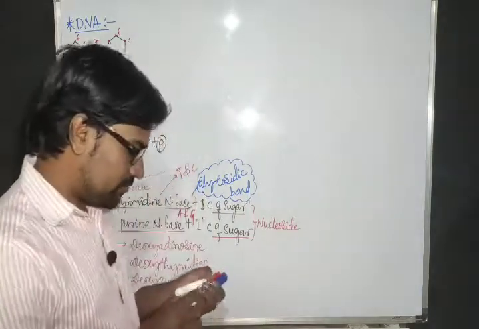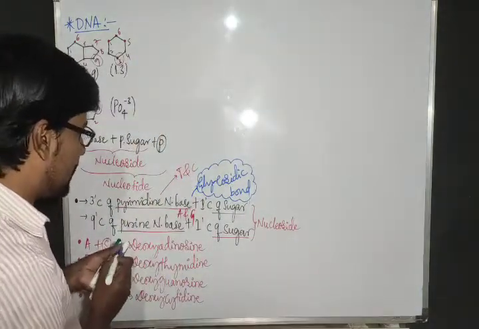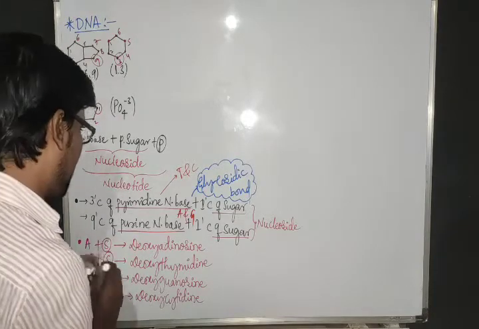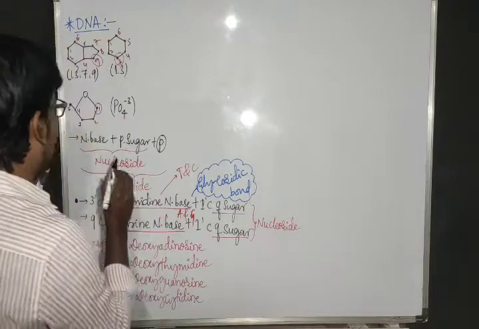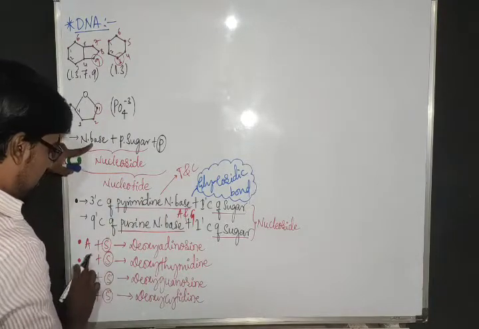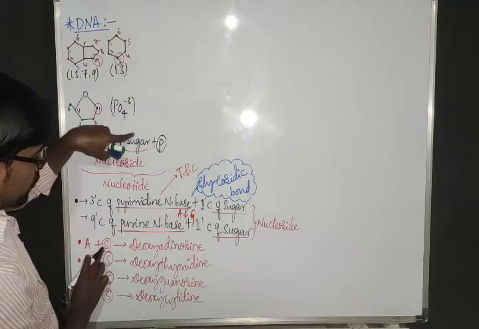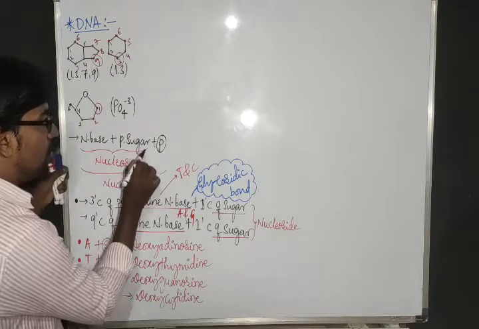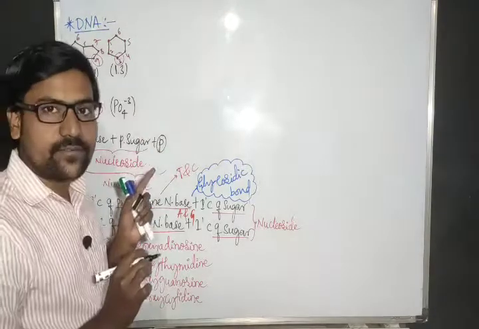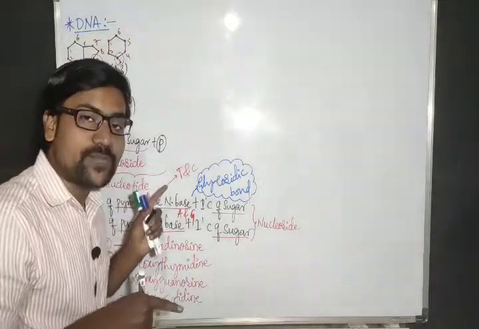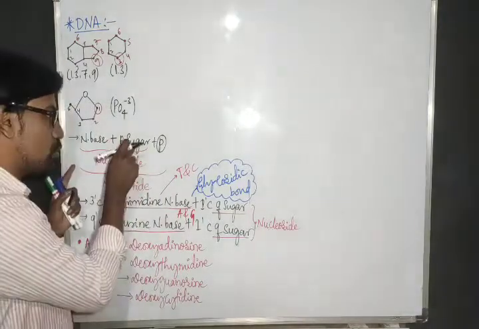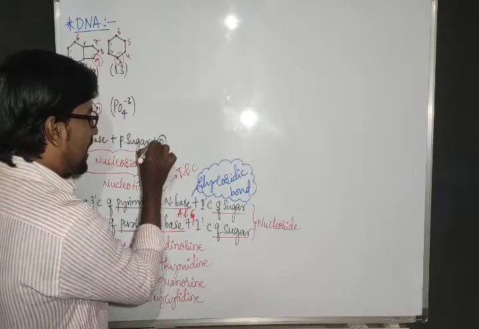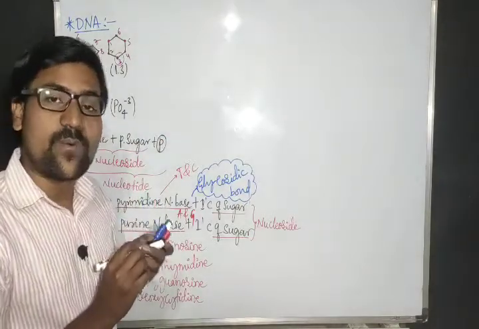Okay. Now I mentioned here, first, the nitrogen base combined with the sugar. What did we get? Nucleoside. Now the sugar should combine to the phosphate. The sugar molecule combines with phosphate, not the nitrogen base. That means between sugar and phosphate, one more bond is formed.